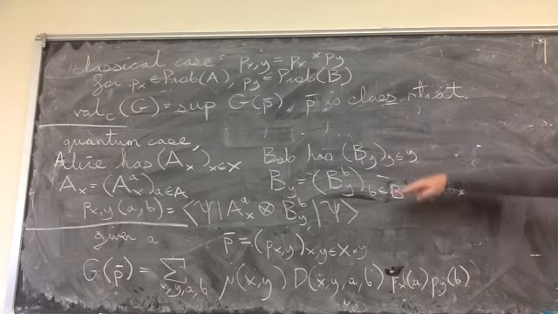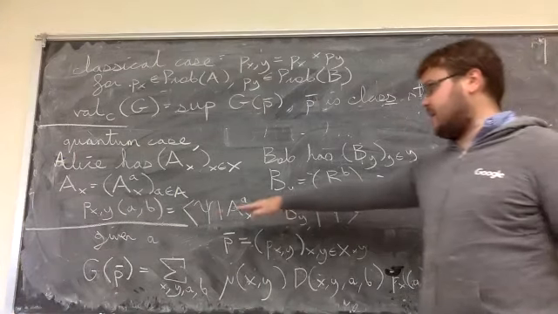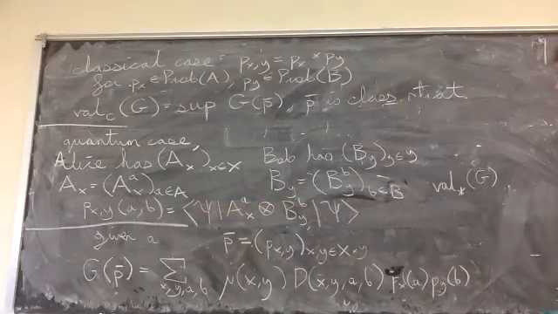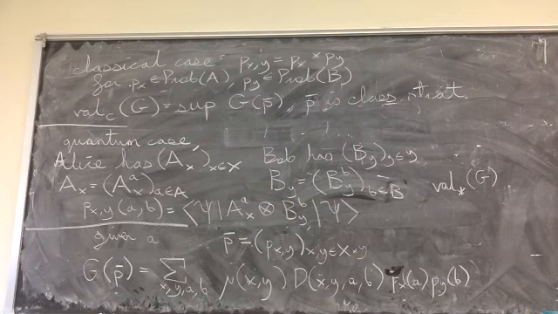So we can think of A, B, and psi as all living in a finite dimensional space, and you don't get any more strategies by allowing these things to live in infinite dimensional spaces, assuming that you have the tensor product.